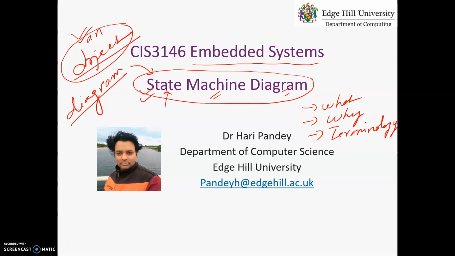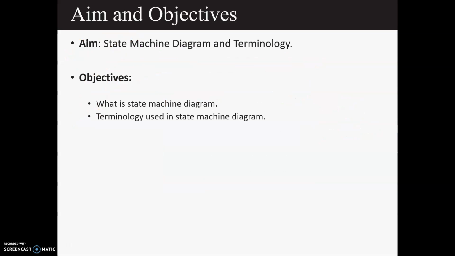I have given the aim and objective for this session in the next slide. So here you can see the aim of this session is to understand what a state machine diagram is and why we design a state machine diagram, what kind of benefit we can get by designing one, and we will discuss the terminologies used for designing a state machine diagram.